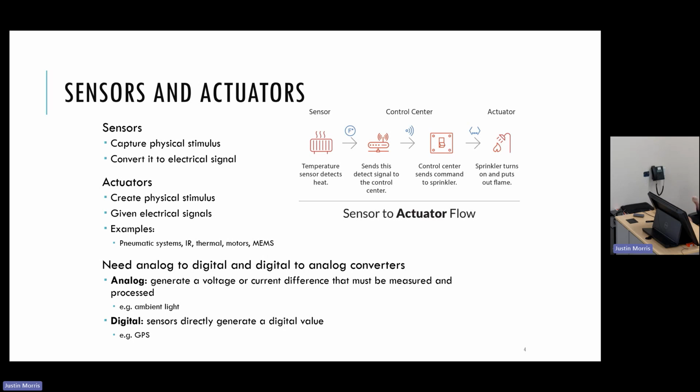So you have this lookup table based on what is the voltage across the resistor, because it would change based on its resistance. That's the analog value that would then need to be converted into the digital domain. And then there are also just purely digital things like GPS. GPS is purely digital.